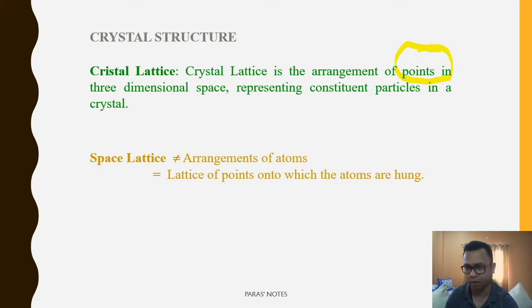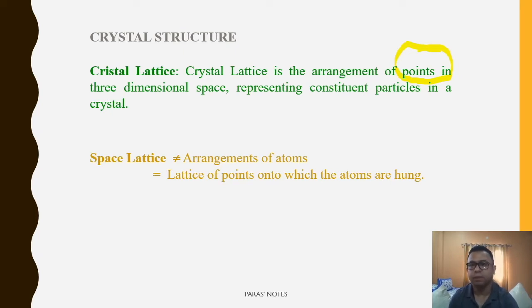Sometimes more than one type of constituent particle may be present in a crystal, then we'll consider that all these ions, molecules and atoms are spherical. Keep in your mind that whenever we refer to points, think that they are a sphere, like a ball.